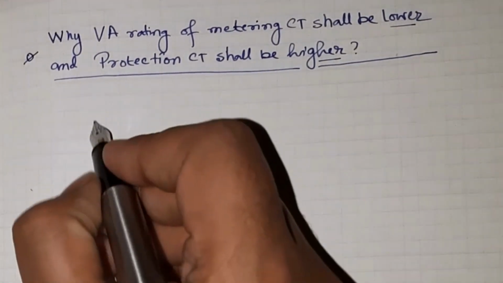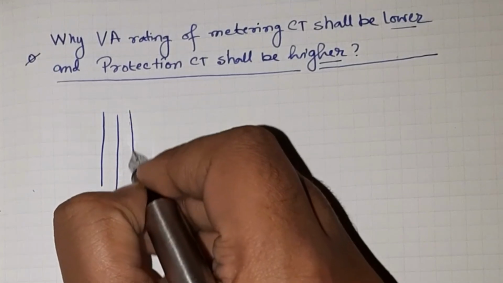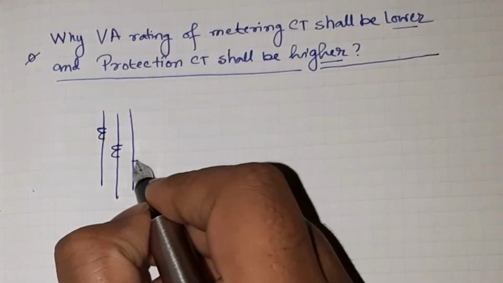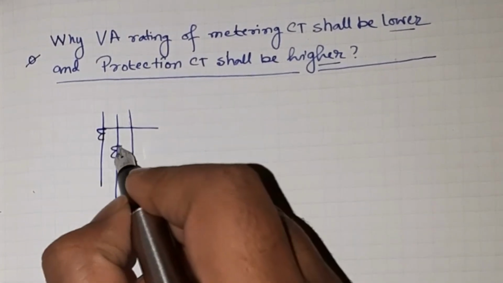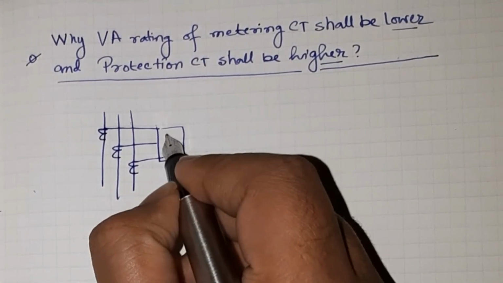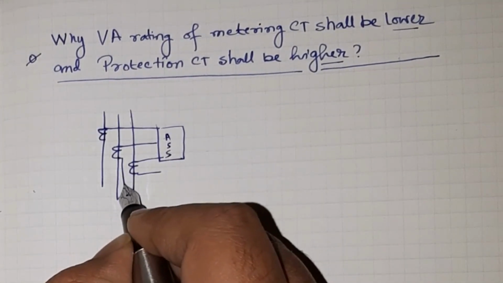Now suppose this is a three-phase line, and you have a CT connected here. Say this is a metering class CT. From here you have connected an ammeter, through an ammeter selector switch, and these three terminals are shorted.